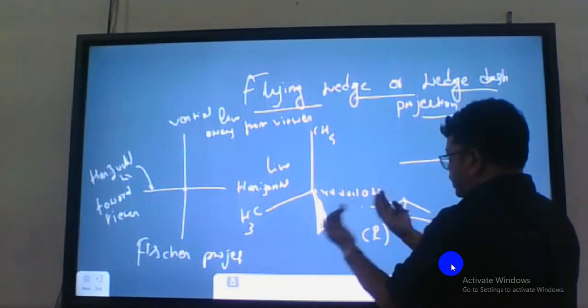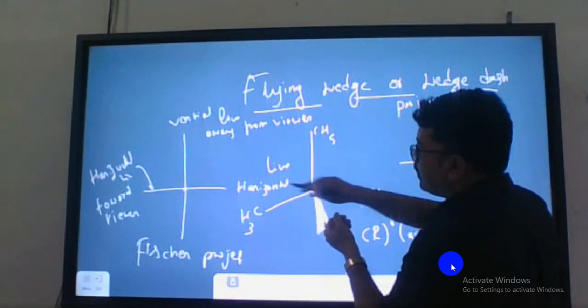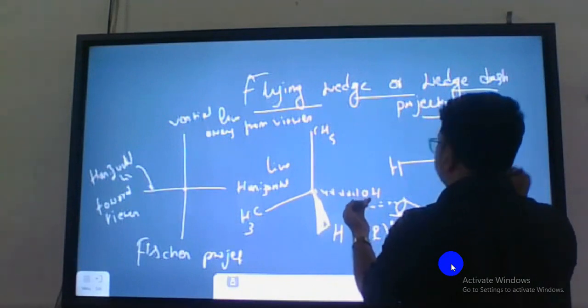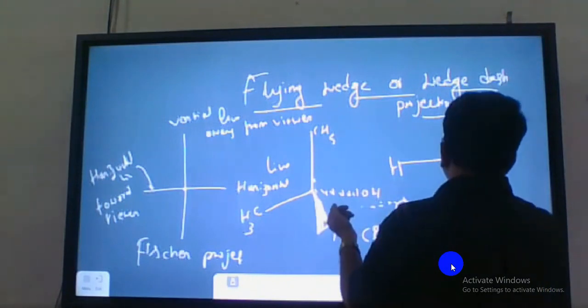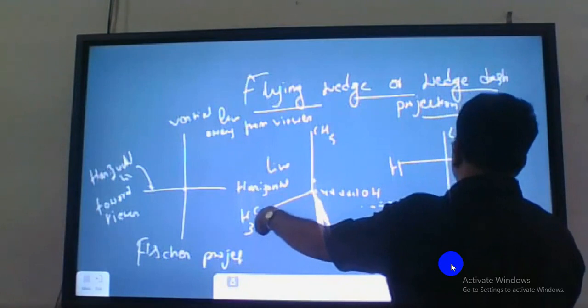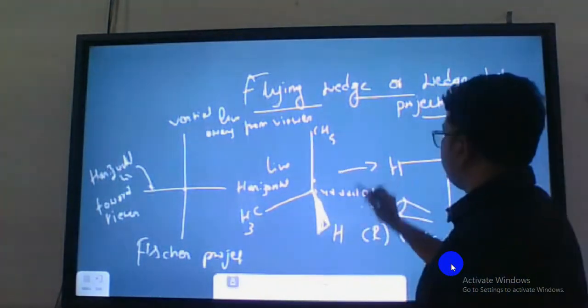Towards the viewer, that is the horizontal line: left side H, right side OH. Away from us appear CH3 and H. That is vertical. See, this is the conversion picture.